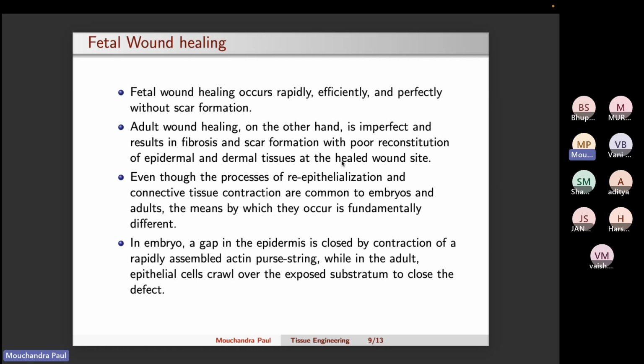So in case study 1, where they were trying to delay wound contracture, the delay in wound contracture can help in proper reconstitution of the epidermis and the dermal area. All right, and also it can result in less fibrosis.